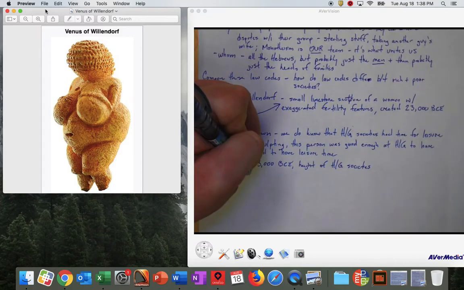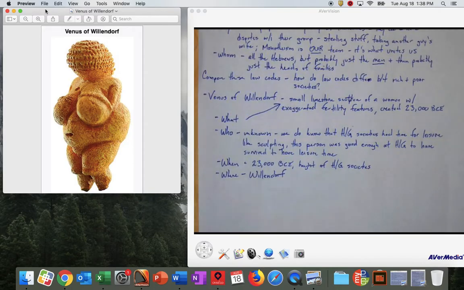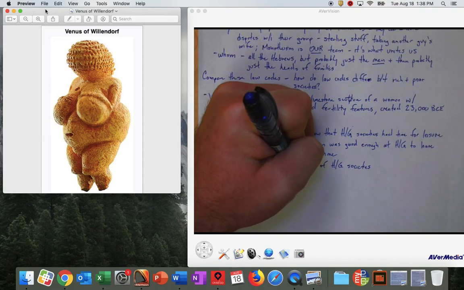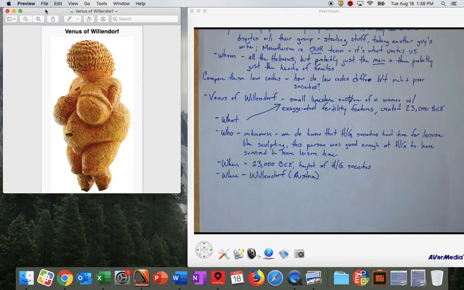Well, it doesn't really matter, but it was found in Willendorf, which is in Austria. This doesn't really help us, so there's not much we can say about that. Most of the world looked pretty much the same in terms of societies. Austria is really not going to be any different than Africa or China or South America. It doesn't really matter for our purposes here.